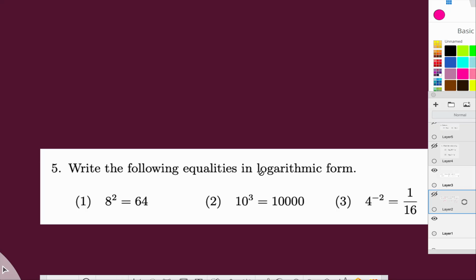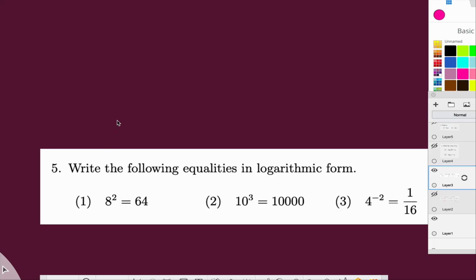Okay. Write these in logarithmic form, and this is the one that Connor didn't like because we had the negative power, but all we're doing is this base becomes our log base.